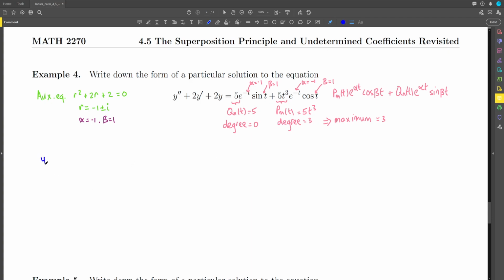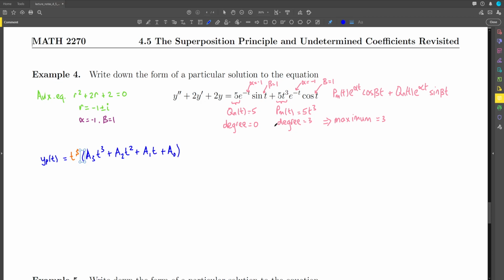So we have y p of t is a power of t, t to the power s, and then a general polynomial of degree 3, which looks as follows: a3 t to the power 3 plus a2 t squared plus a1 t plus a naught.